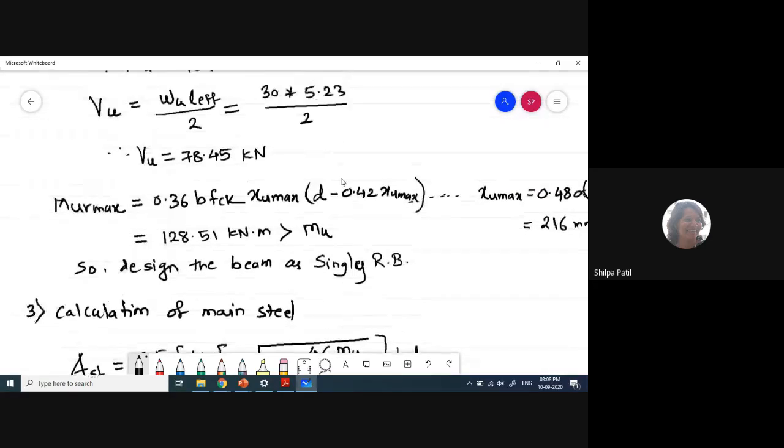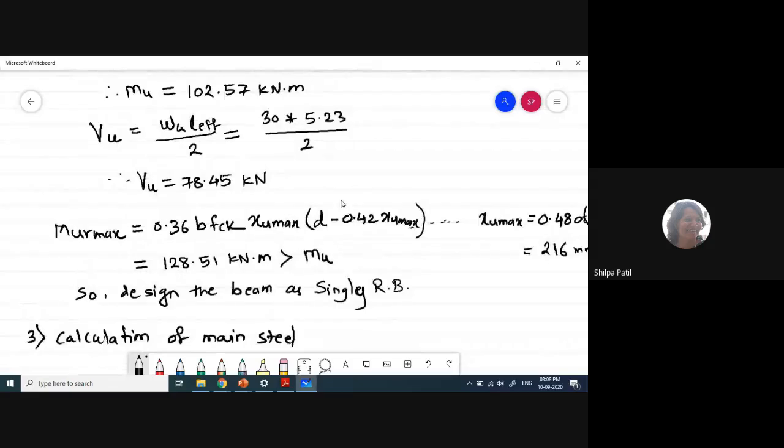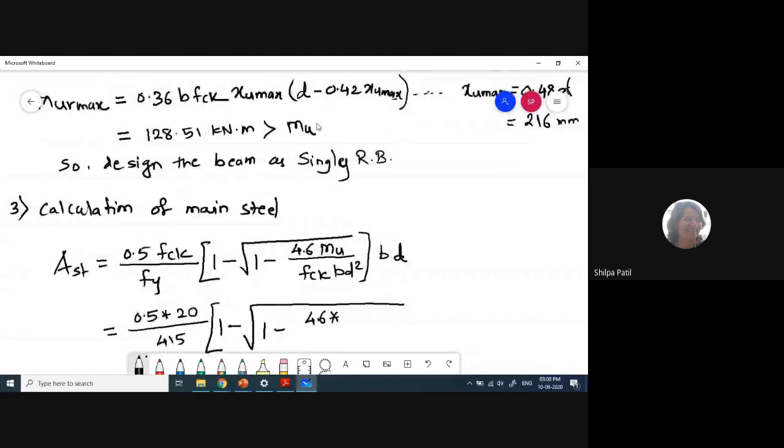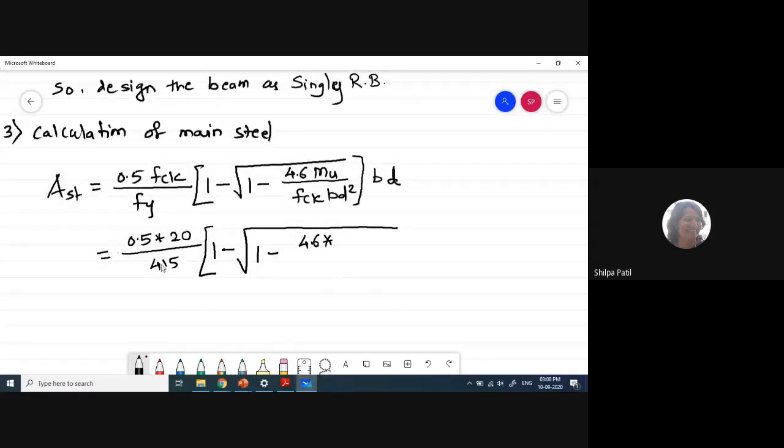Where is the mu value? 102.57. It is the value in kilonewton meter. We are putting all these in Newton mm, so let us put this value also in Newton mm. 102.57 into 10 raised to 6, divided by again 20 into B, we have decided 230 into effective depth 450 square.